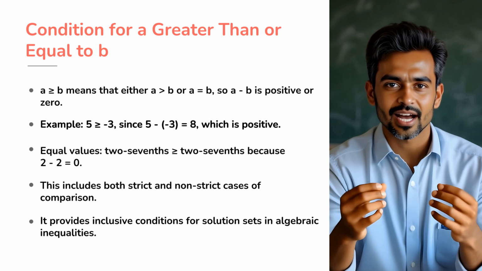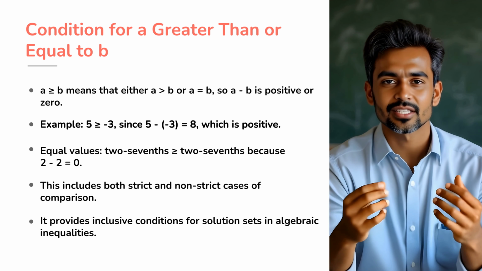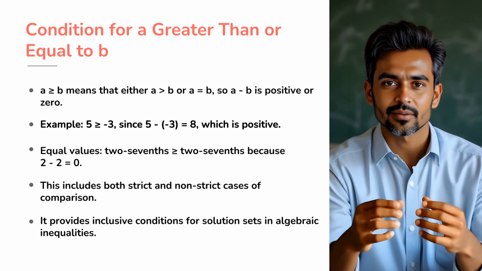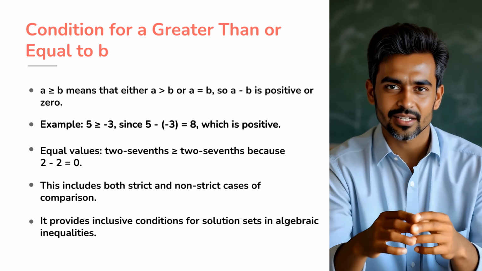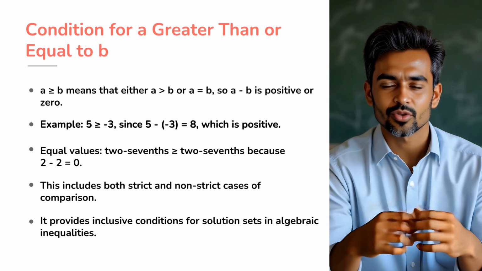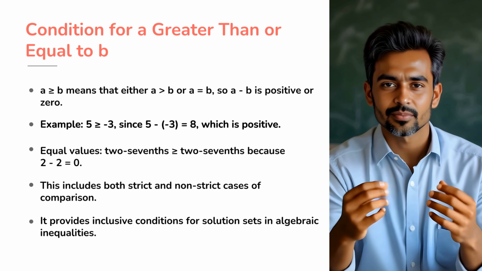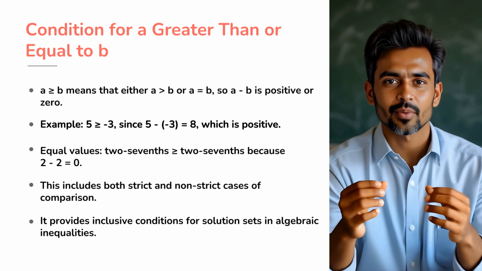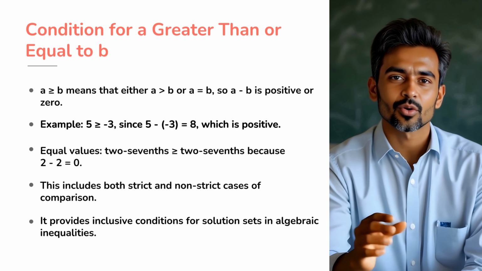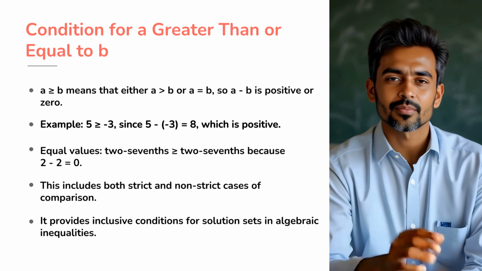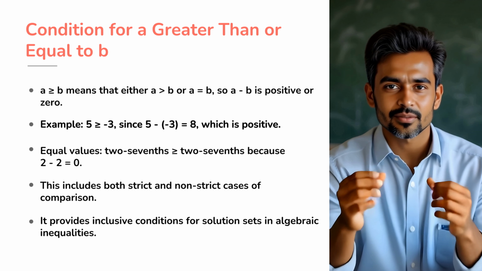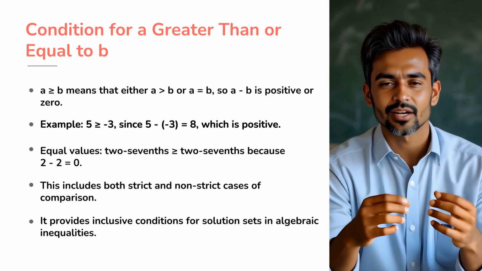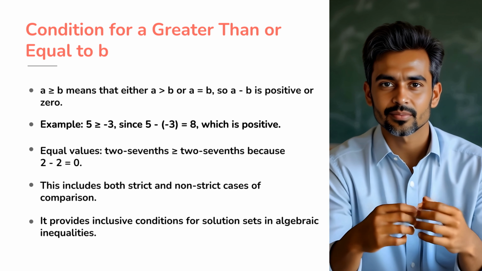Now for the final algebraic inequality, A is greater than or equal to B. We write this as A angle bracket opening to the right with a line below it B. This means A minus B is either greater than 0 or equal to 0. Let's try examples. 5 is greater than or equal to negative 3.